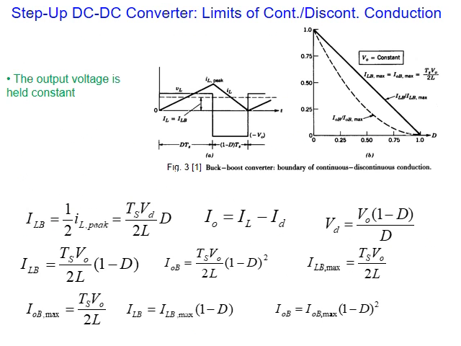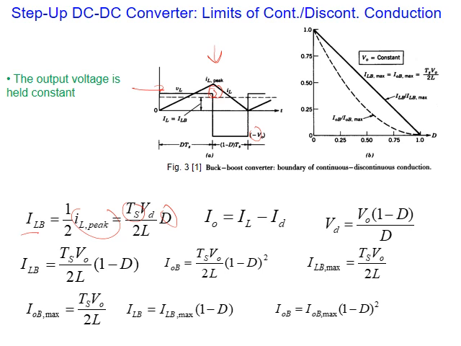Now we also usually discuss the boundary condition. For the boundary condition, the same figure applies, as you can see here, only the values changed. So if we follow the same procedure, ILB equals 1 over 2 IL peak, and when we look from this side, it will be VD times T on, which is DTs.